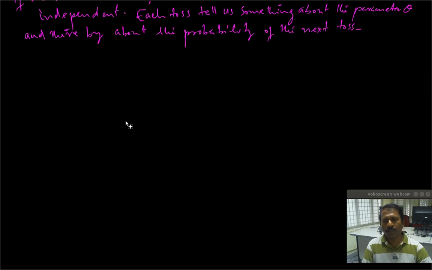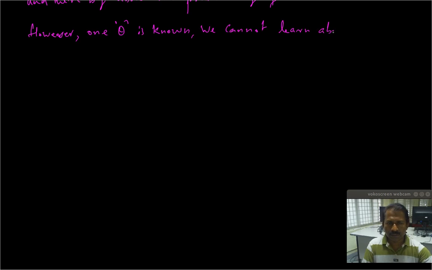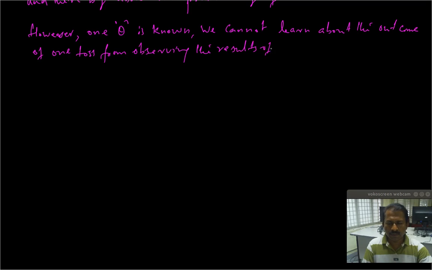However, once theta is known, the controlling parameter theta is known, we cannot learn about the outcome of one toss from observing the results of other tosses, right?